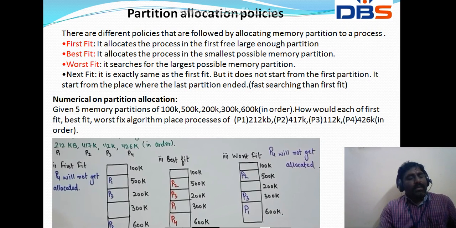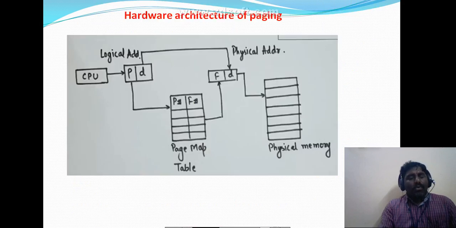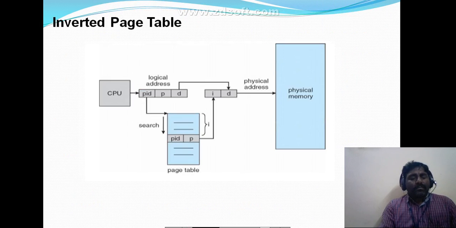Initially we studied the functions and goals of memory management, what the fence address is, how to differentiate the fence address, what the memory management unit is, and the concept of swapping, that is roll out and roll in, or swap out and swap in.